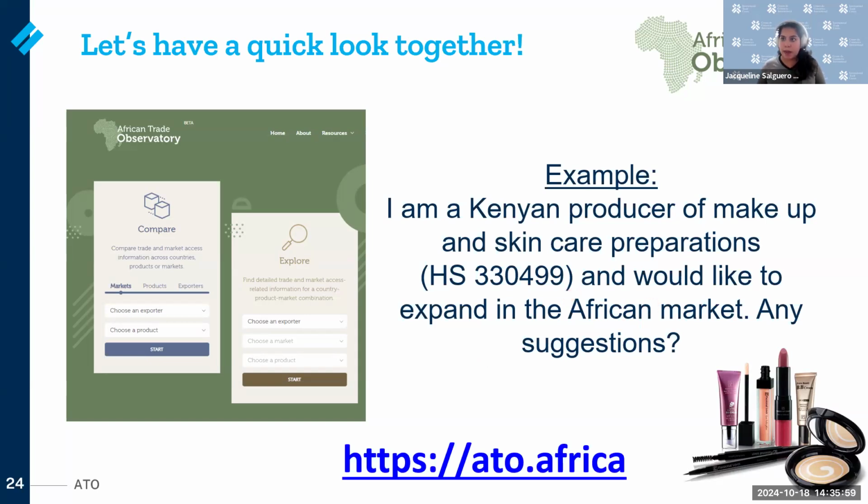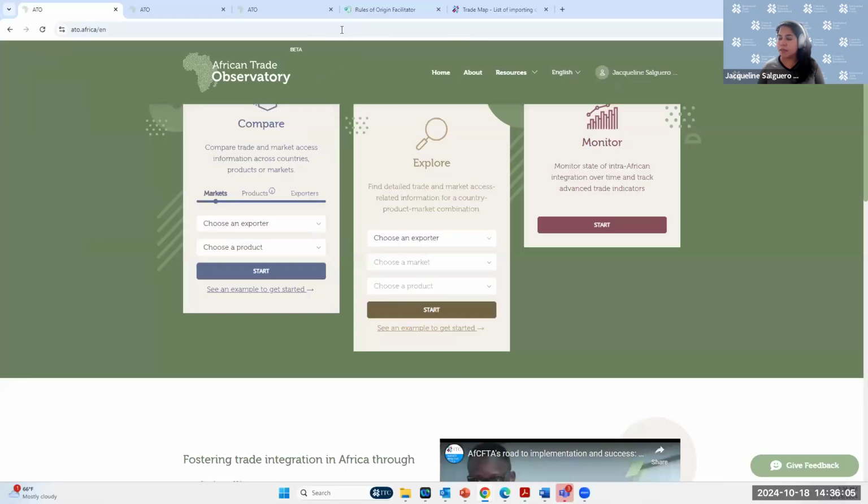So therefore, I will now change my screen. I don't know if you can now see my newest screen. I hope you can see that I have changed to the website. Perhaps you can just confirm by message if you can see it.